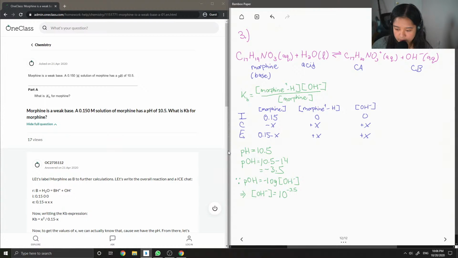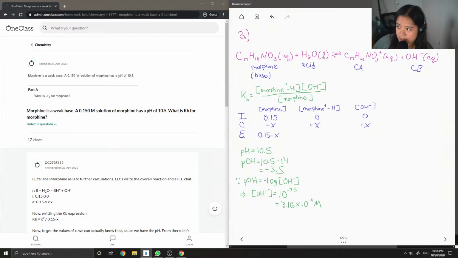Okay, so then we get a concentration of 3.16 times 10 to the negative 4 molar as our X value. So since we know that, I'm just going to sub it into our ice table.